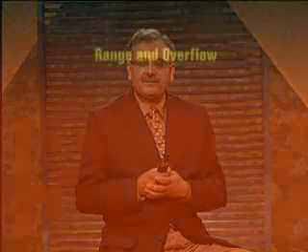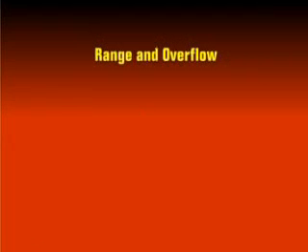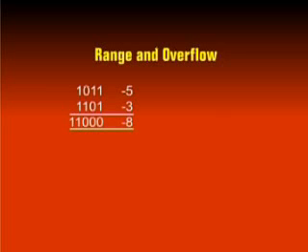Let's have a look at some examples which help us in determining if an overflow has occurred in the case of 2's complement number representation. Considering the 4-bit 2's complement representation, the maximum negative number which we can represent is -8. So let's add -5 and -3.